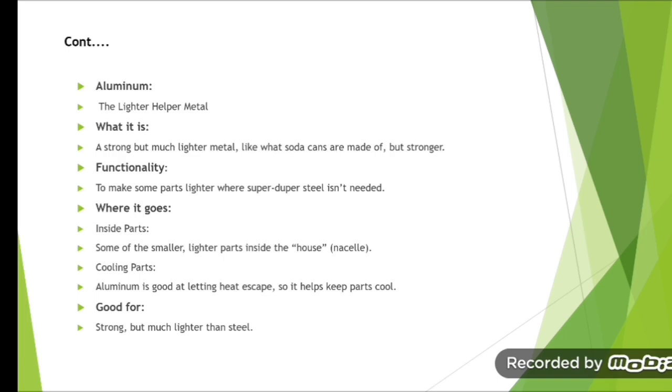Where it goes in the wind turbines: it is present in some of the smaller, lighter parts inside the housing, and it is also used as a cooling part of the wind turbines, where aluminium is good at letting heat escape, so it helps keep parts cool. It is good for being strong but much lighter than steel.